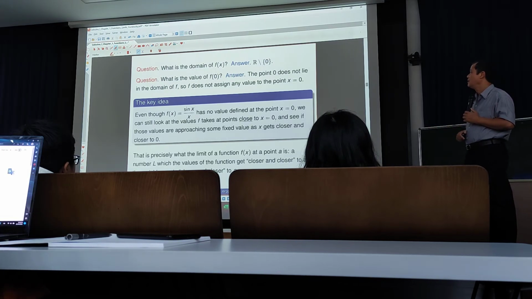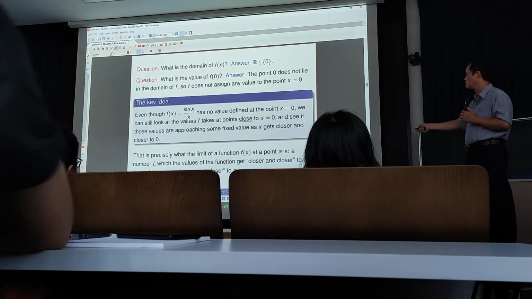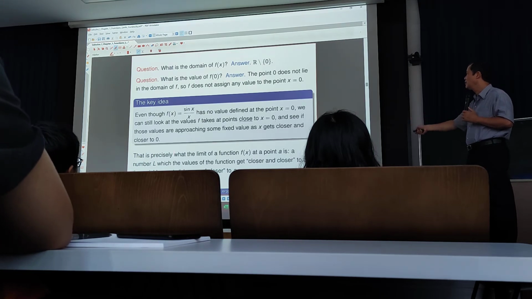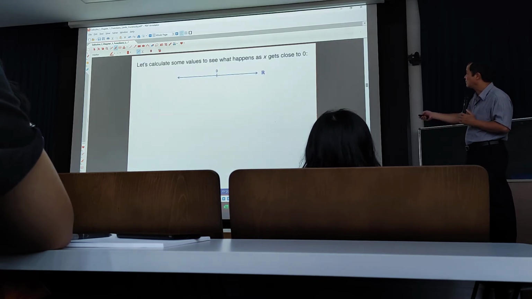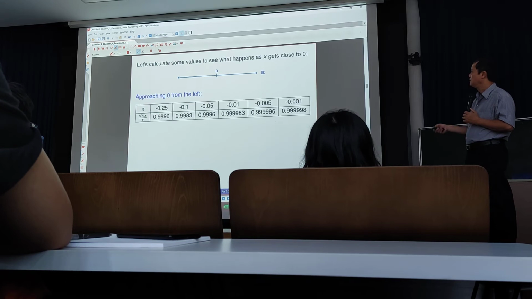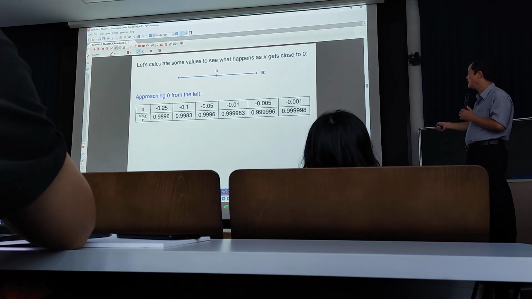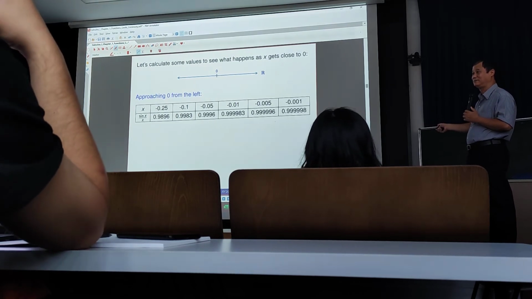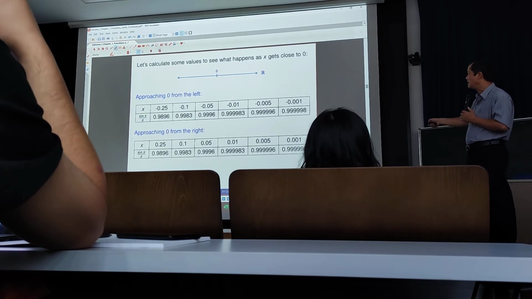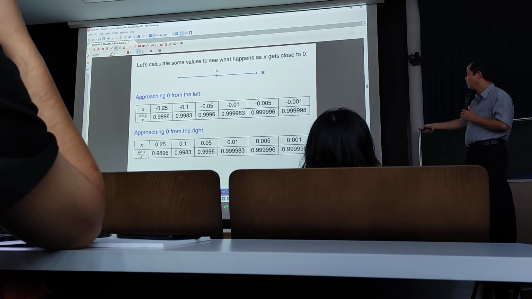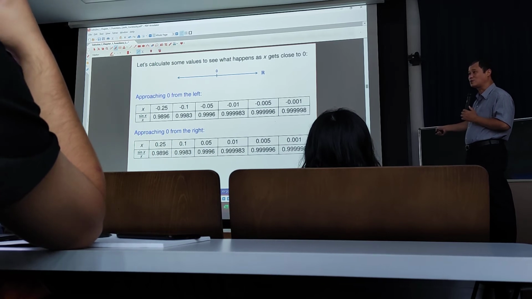So, you look at a point x closer to 0, and you get closer values of the number sin x over x. If we look at this from the left, which means we go to 0 from the left, you see the value very near 1. If you go from the right this way, you also have values very close to 1.